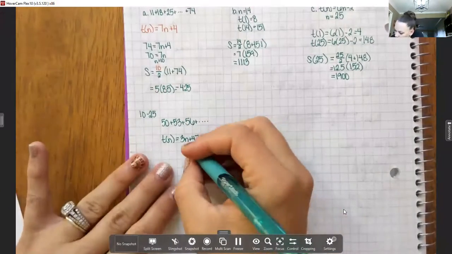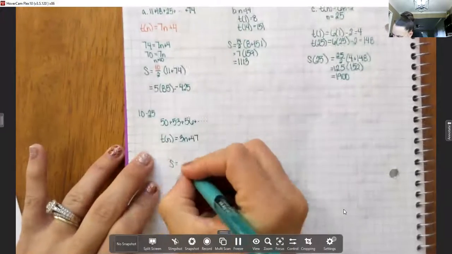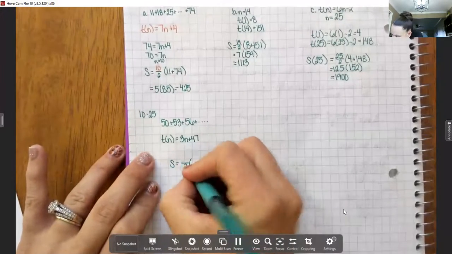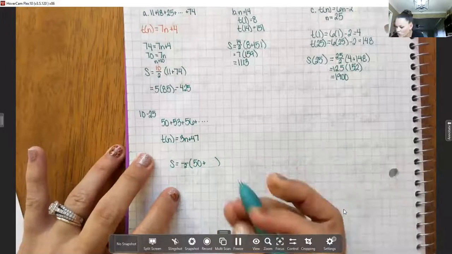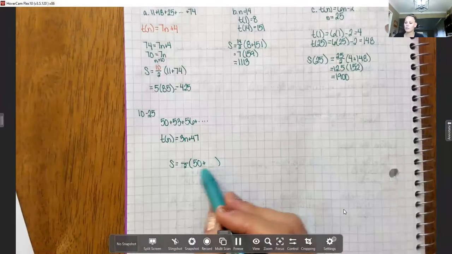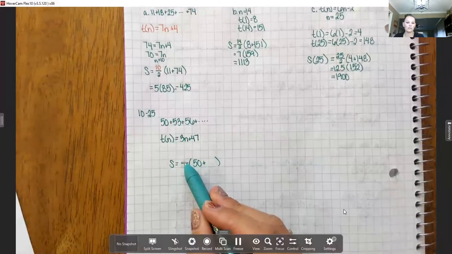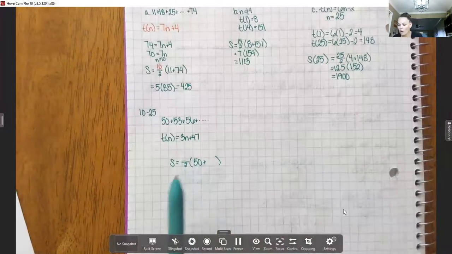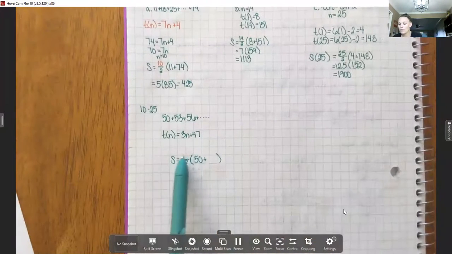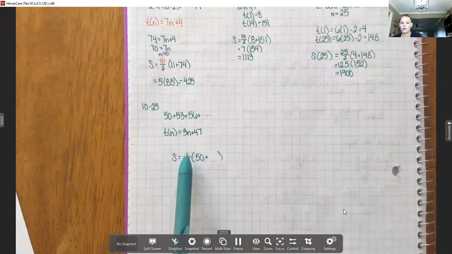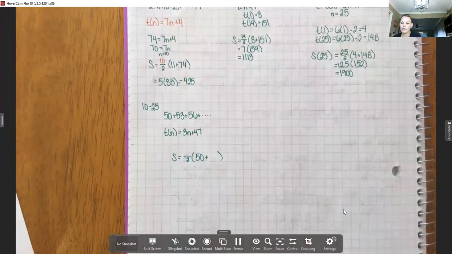So the sum here is n divided by 2 times 50 plus something. I don't know how much money she gets for that last deposit, and I don't know how many deposits were made. So I want to know how many deposits that is going to be on her 18th birthday if he gives her money that last time for her 18th birthday.